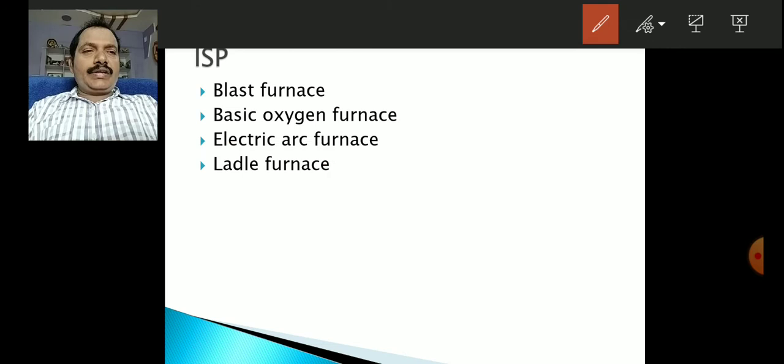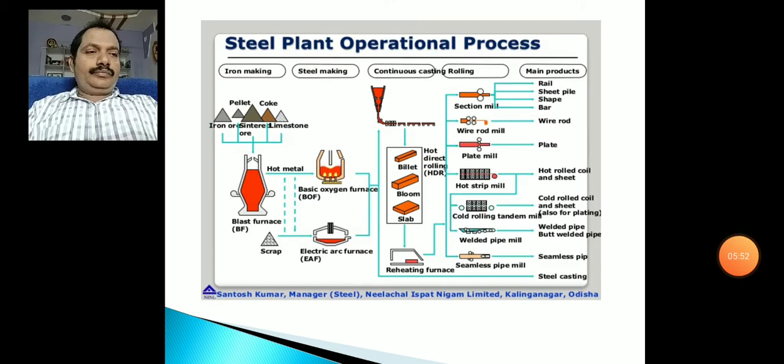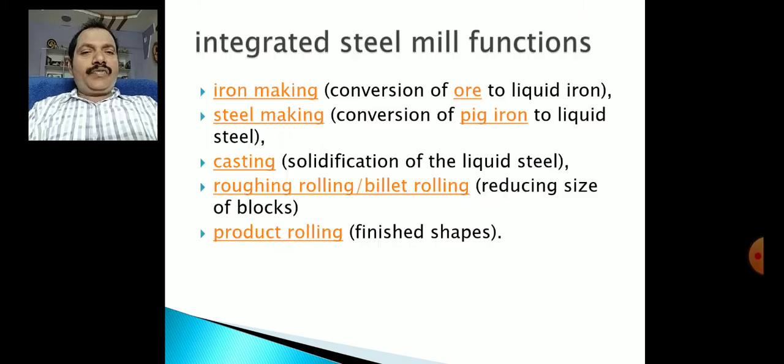So the same furnaces let us see in the diagram also. So here this is a blast furnace.